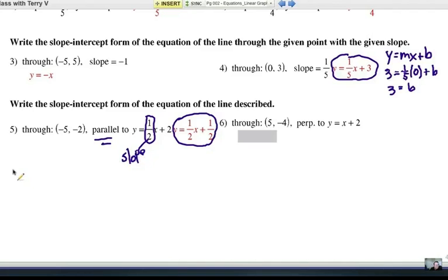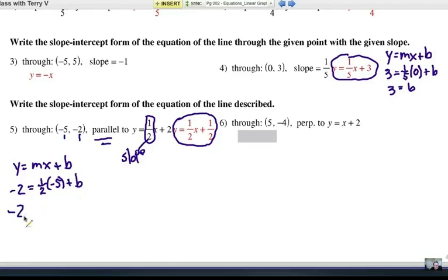All right, so we're going to have our y equals mx plus b equation again. We have to find the y-intercept. The y value we're going to try is right there, negative 2. The slope is 1/2 because it's parallel to that other line. And x is this one right here, negative 5. And we are going to find our y-intercept.